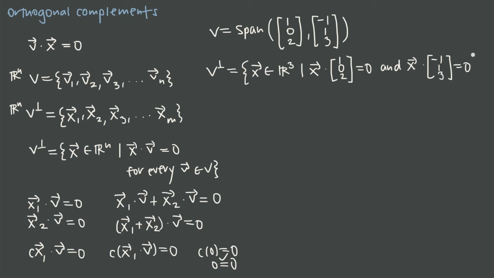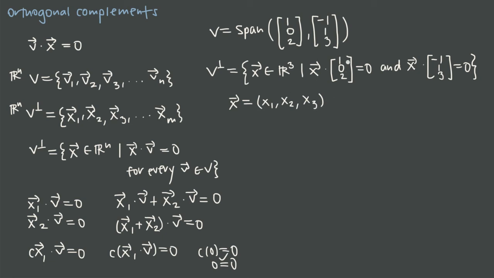So those dot products are going to be 0 if we're defining the orthogonal complement of V. So then if we know that x is in R3, then the vector x is given by three components, x1, x2, x3, which means that we can think about dotting this vector with the vector (1, 0, 2). That dot product really is just going to be x1 times 1 plus x2 times 0 plus x3 times 2.